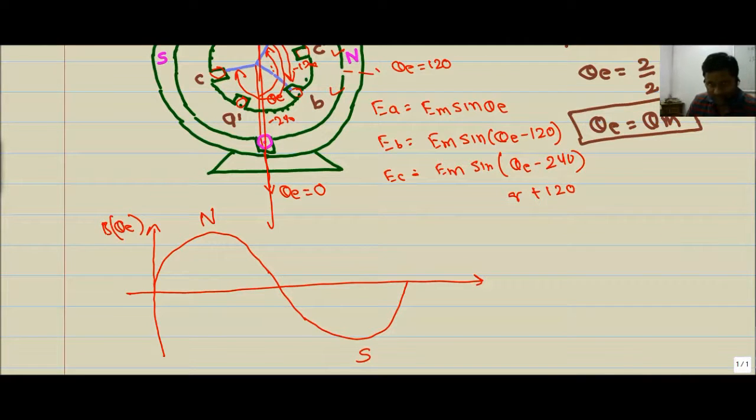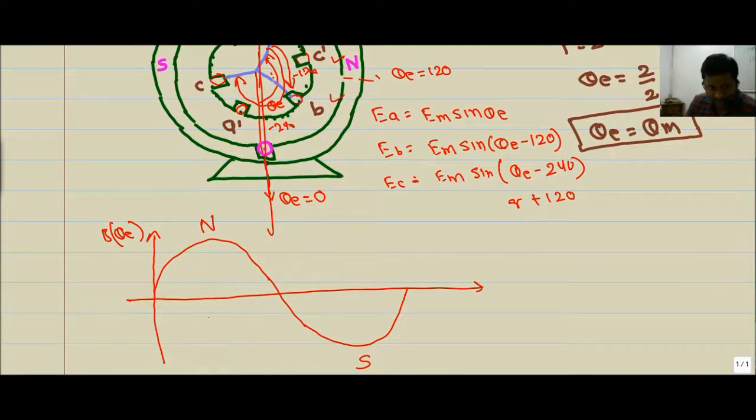Under the influence of north, the conductors are A, C dash, and B, conductors 1, 2, 3. Similarly, under the influence of south, the conductors are B dash, C, and B dash.